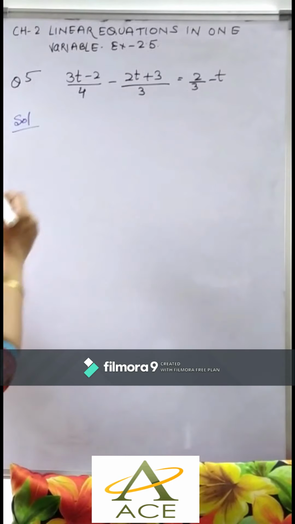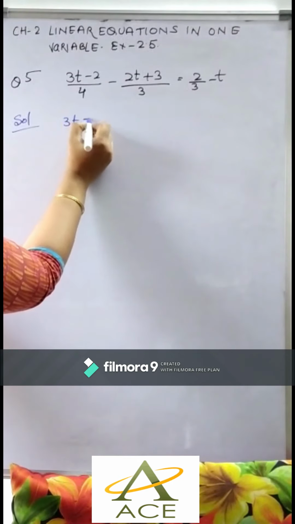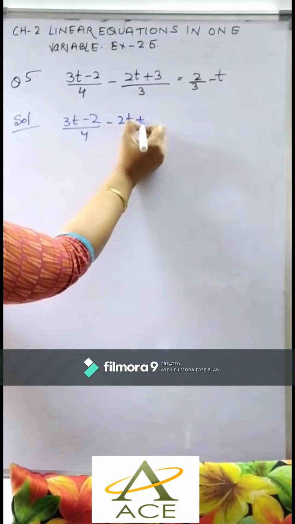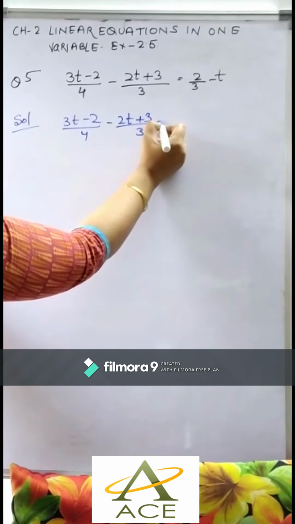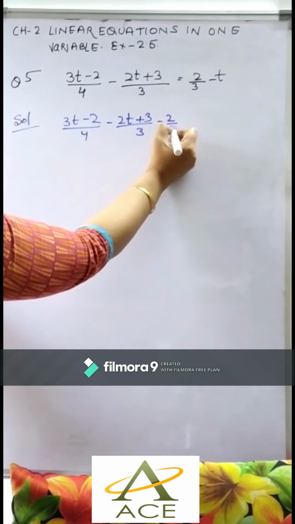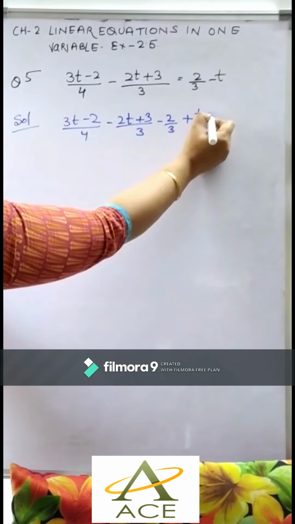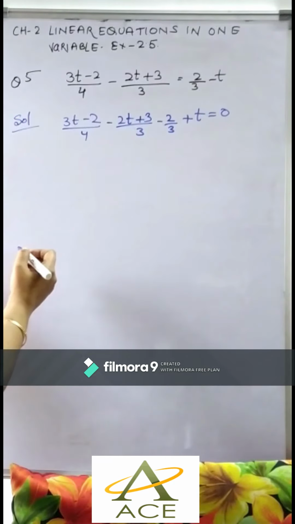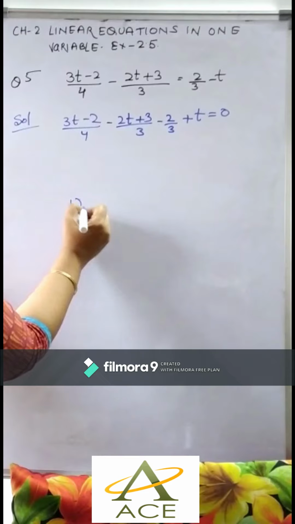Now in this question, 3t minus 2 upon 4 minus 2t plus 3 upon 3 minus 2 by 3 plus t is equal to 0. Now we will take the LCM. It will come out as 12.